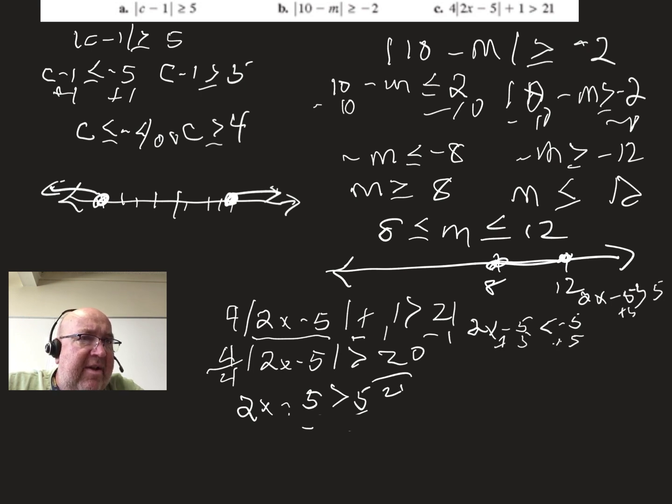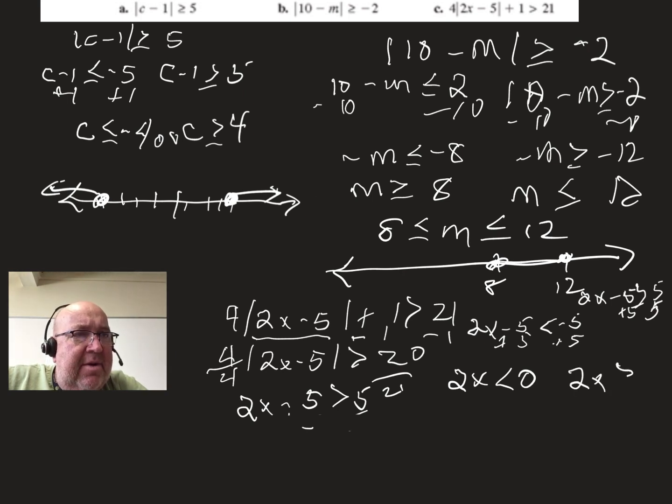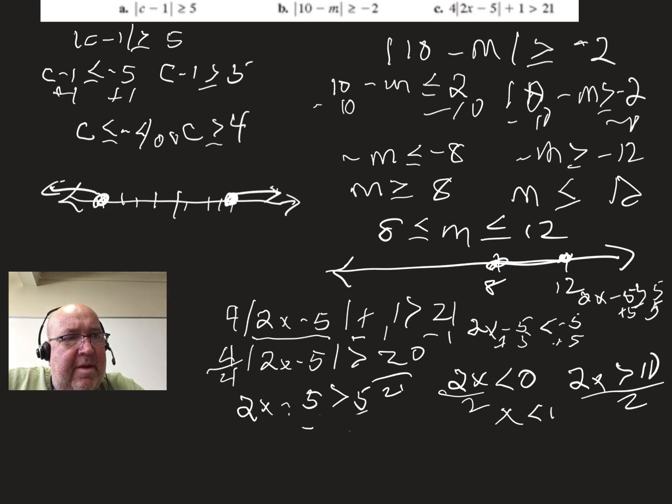We're going to get 2x is less than 0. And over here we're going to get 2x is greater than 10. We're going to divide by 2. We're going to get x is less than 0, and we're going to get x is greater than 5.